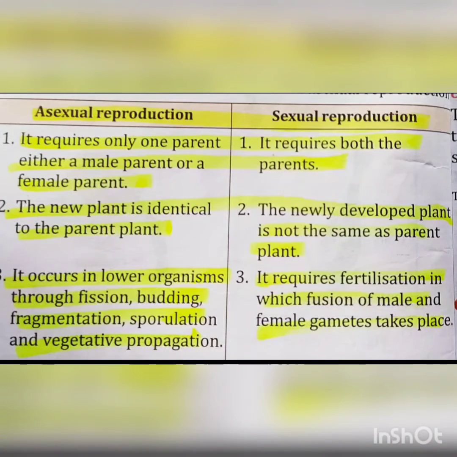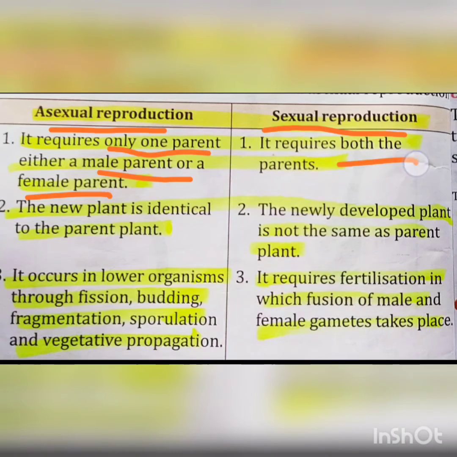Differences between asexual reproduction and sexual reproduction. In asexual reproduction, only one parent, either male or female, is required. In sexual reproduction, both parents are required. In asexual reproduction, the new plants are identical to the parent plant.